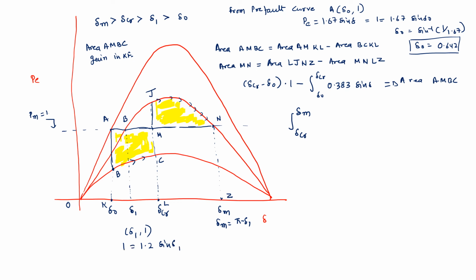So if I put 1, sin delta 1 is equal to 1 by 1.2. This delta 1 will be coming out to be 0.8 radian.